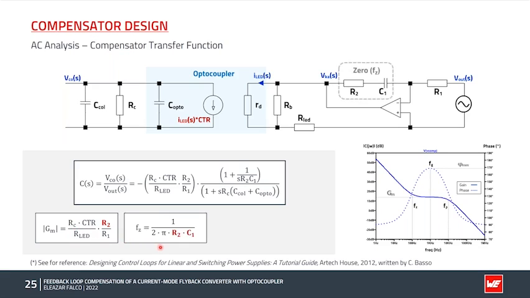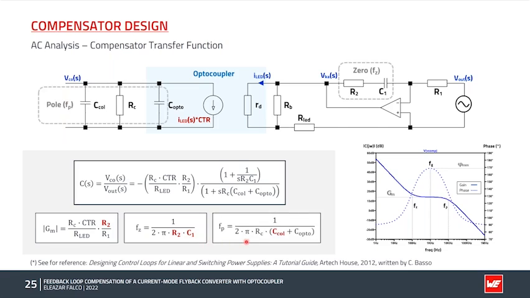Then we have a 0, which is set by the capacitor C1 and the resistor R2. In this case, since R2 is already used to set the mid-band gain, the 0 frequency will be set by C1. And then we have a pole, which is set by the collector resistor RC, together with the total capacitance across collector emitter of the optocoupler phototransistor, to which the optocoupler parasitic capacitance is also included.